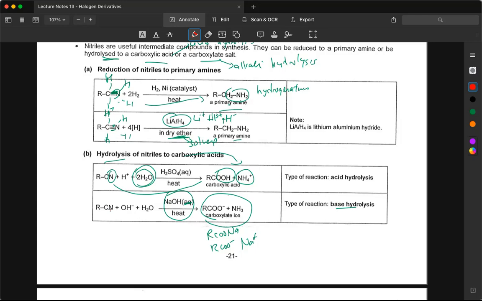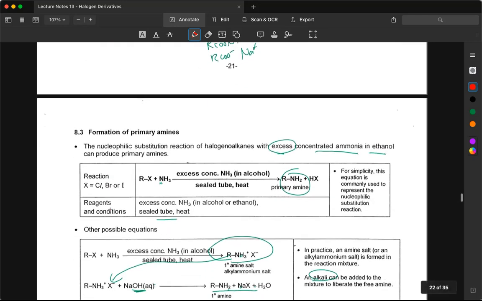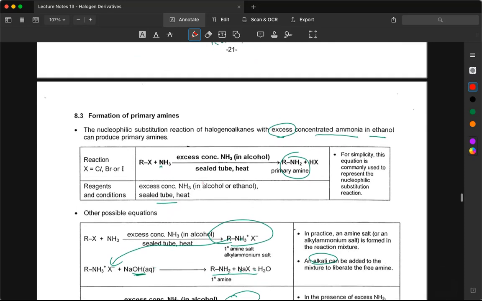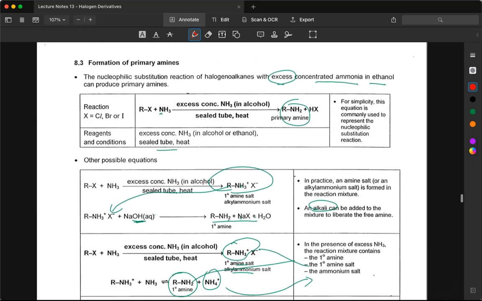Now, other methods to produce the primary amine include the reaction of halogenoalkanes with concentrated ammonia in ethanol. This is another way of producing the primary amine. The conditions are very specific: excess concentrated ammonia in alcohol, and a sealed tube, heated.